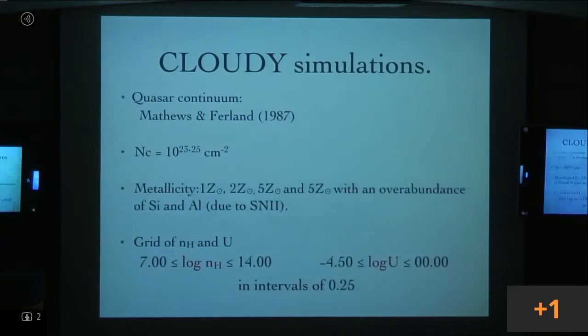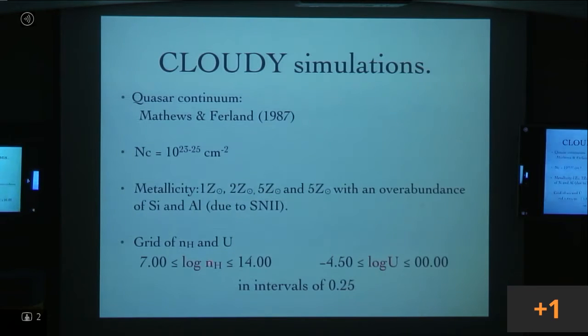And well, for the cloudy simulation, the initial condition that we use is the quasar continuum of Matthews and Ferland, the column density 10 to the 23 and 10 to the 25 centimeters to the minus 2. The metallicities that we use are these 4 metallicities, 1 solar, 2 solar, 5 solar, and 5 solar, with an overabundance of silicon and aluminum due to supernova contribution.